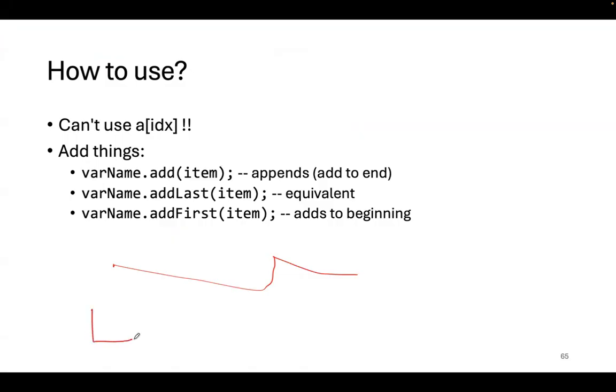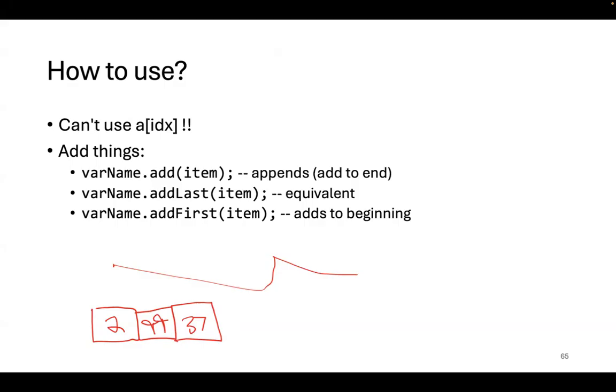So if this is our list, first we have 2, and then we add on 99. And then if we add on 37, it just adds it on to the end. And again, what's happening under the hood is reallocation, but we just don't have to see those details now. We've kind of risen above that.